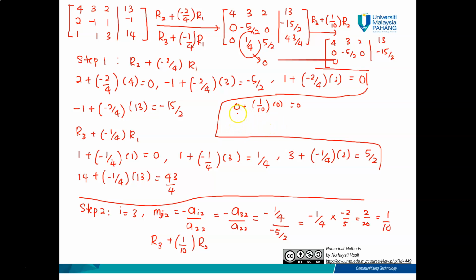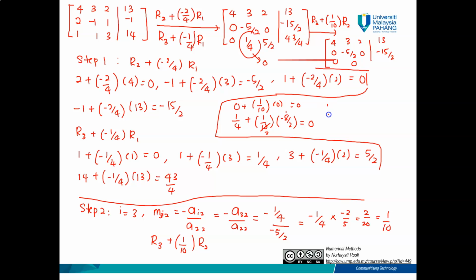And then next, row number 3, which is 1 over 4 plus 1 over 10, you multiply here with negative 5 over 2. So now we cancel out this one; this one becomes 2, this one 1. Negative 1 over 4, you will get 0. Now we get this one 0.